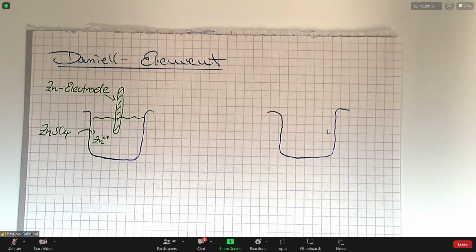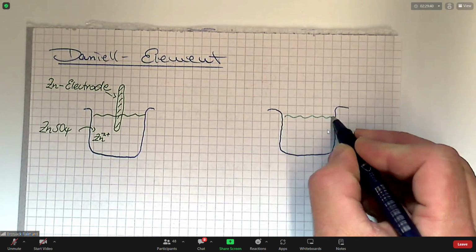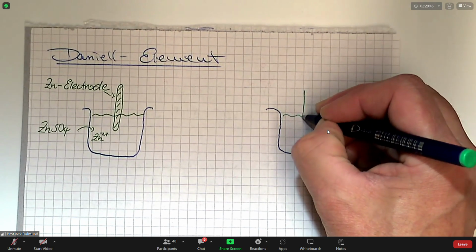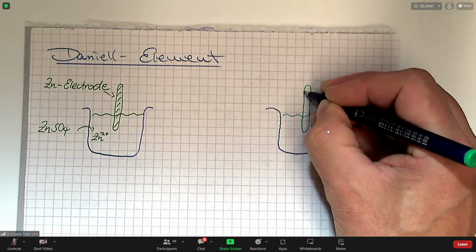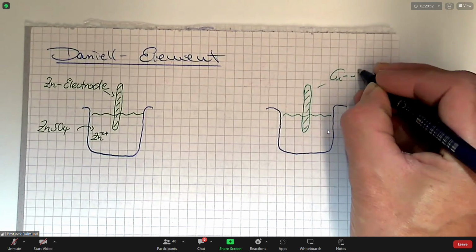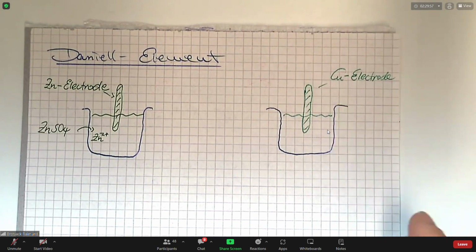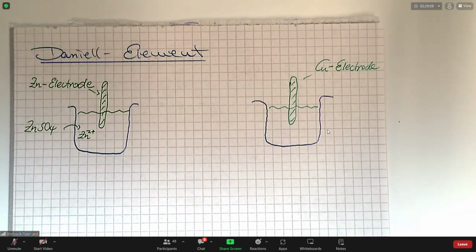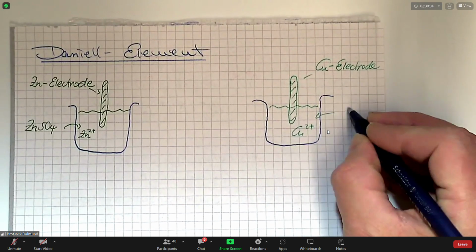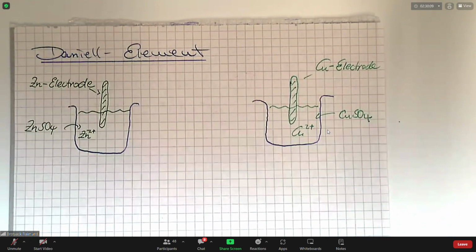On the right side, we have the same now with copper. Here we have the copper sulfate and a pure copper electrode. And the copper 2+ ions in there, we created adding copper sulfate. Always in an aqueous solution.